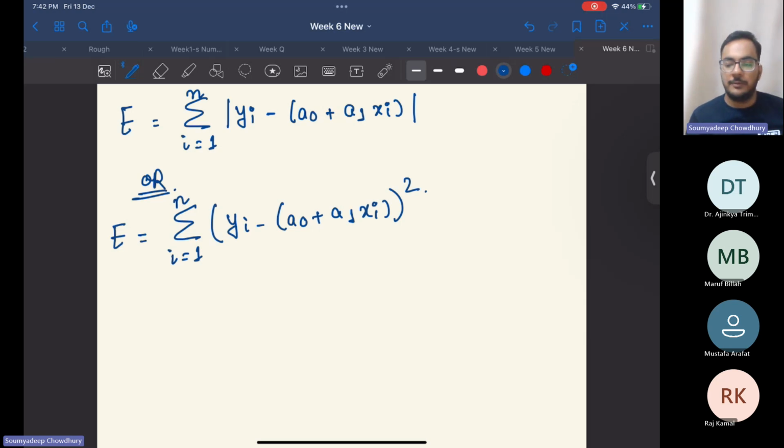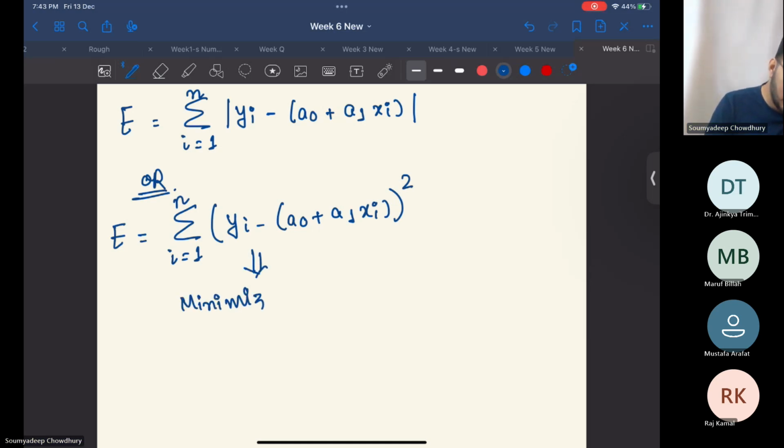If you do the sum of squares of the error, that gives you a better picture of your error. So now what was our goal? As I told you, this error has to be minimum, right? So our goal will be to minimize this E, and for that minimum, you find out your A0 and A1.